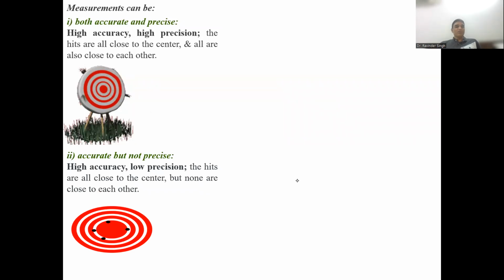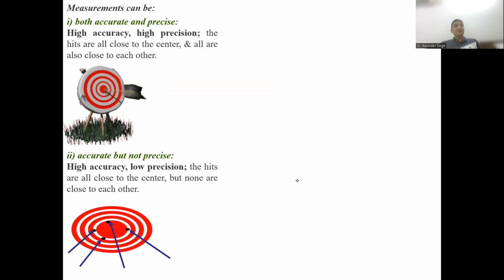In the next one, you can see we are hitting nearer to the center: first hit, now the second hit, now the third hit, now the fourth hit. We are hitting closer to the center, but none of the hits is close to each other. They are at different places, but nearer to the center.